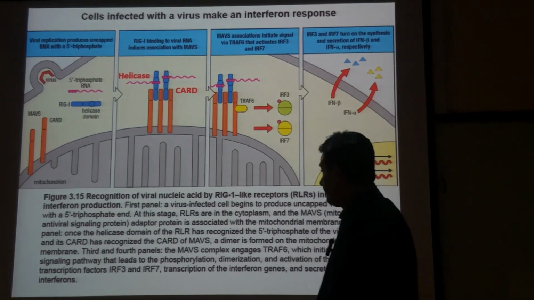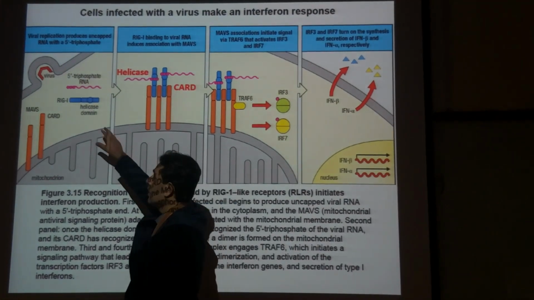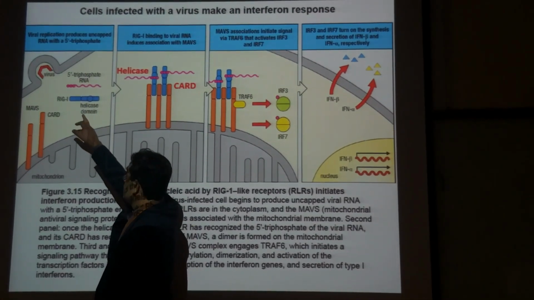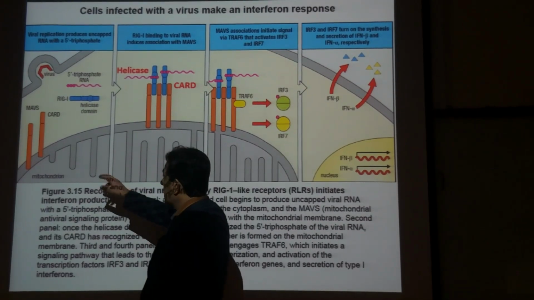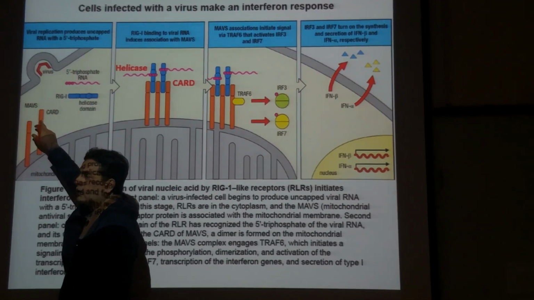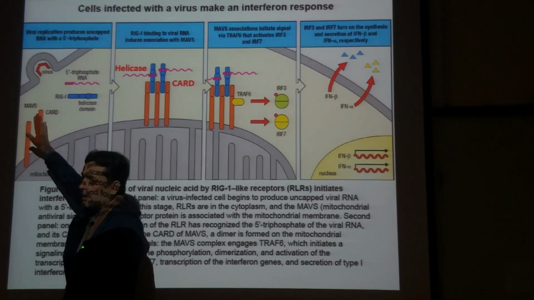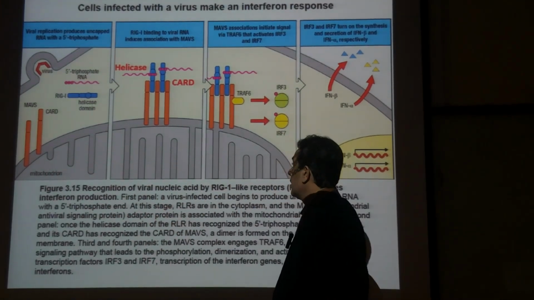So what happens is that when the helicase domain of the RIG1 receptor binds with the triphosphate, the CARD domain of this particular RIG1 receptor recognizes the CARD domain of this particular MAVS, okay, and comes here and binds to this particular CARD domain. CARD and CARD can bind with each other.